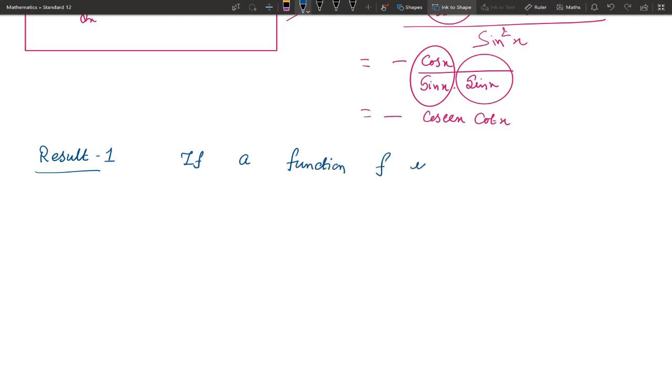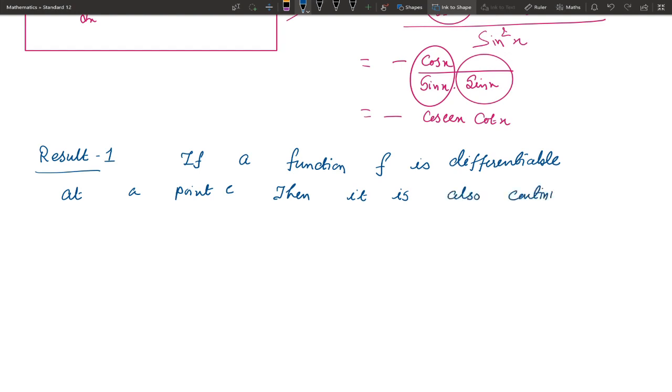If a function f is differentiable at a point c, then it is also continuous at that point, that is at point c.